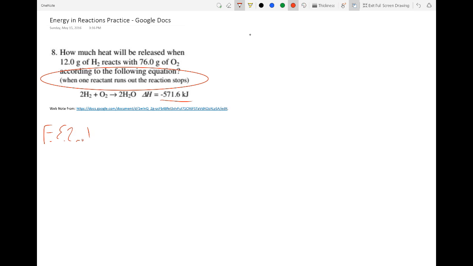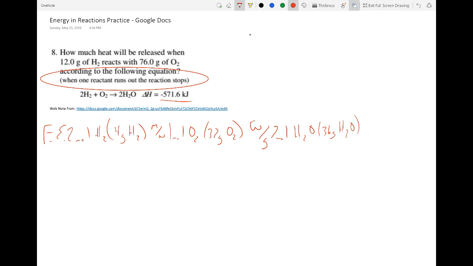So for every 2 moles of H2, which is 4 grams of hydrogen, mixed with 1 mole of O2, which is 32 grams of O2, we get 2 moles of water, which is 36 grams of H2O, mixed with 571.6 kilojoules of energy.